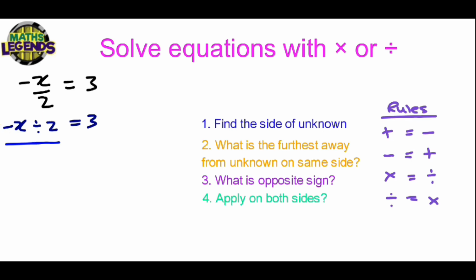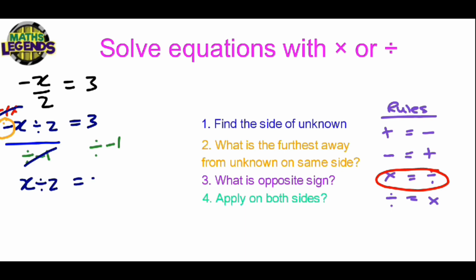So in this case, we will decide to go with the minus this time. So the minus here is the same as saying -1 times x. So the opposite would be divide. So we'll do a divide by -1 on both sides. Simplify. So that -1 cancels with this one. So that's x divided by 2 equal to 3 divided by -1, which is -3.